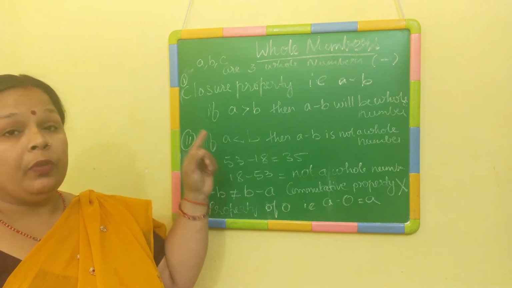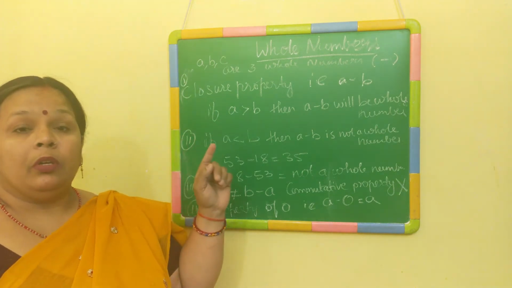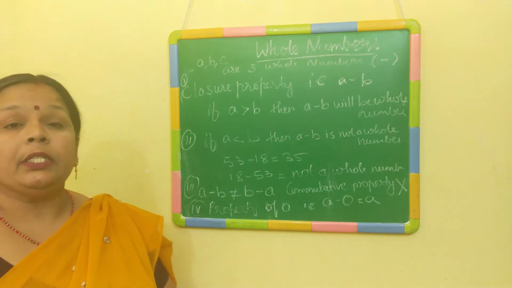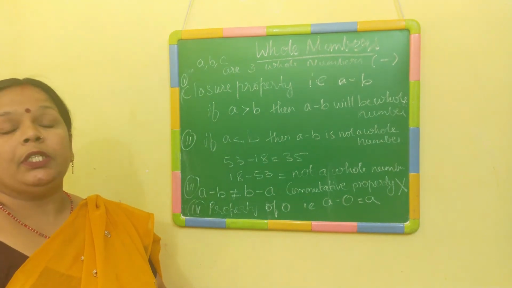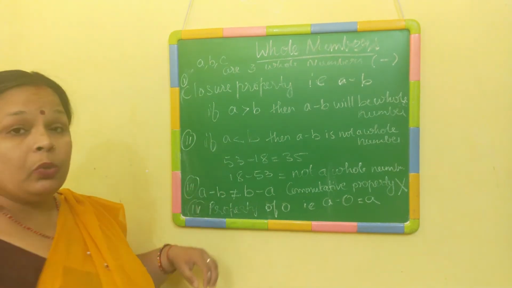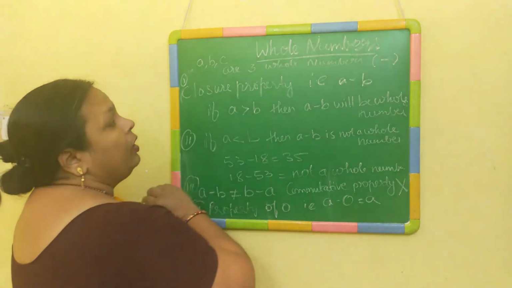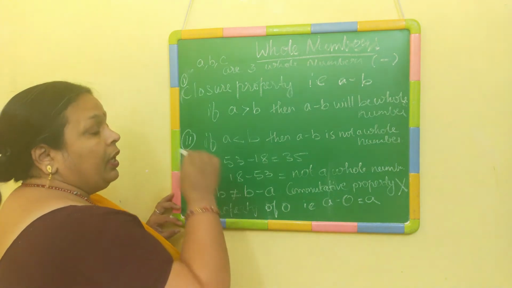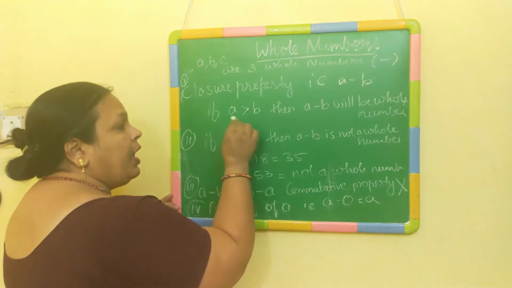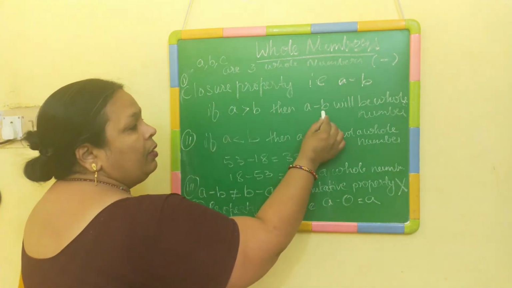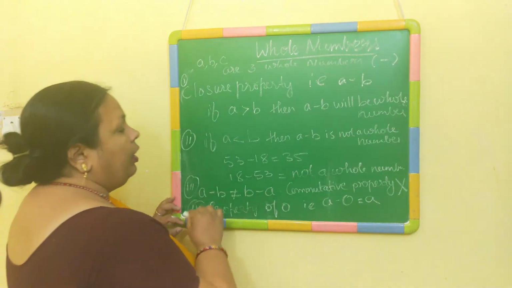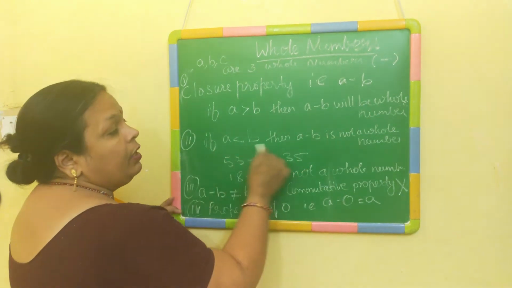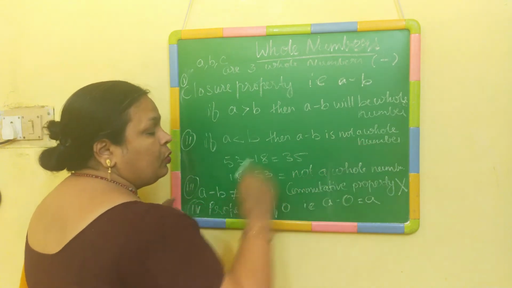Now, the next property we are going to check is for subtraction: properties of subtraction for whole numbers. The first property is closure property, as we have seen in addition. So, what is closure property for subtraction? If a and b are two whole numbers, there exists a condition. If a is greater than b, then a minus b will be a whole number. And if a is less than b, then a minus b is not a whole number.